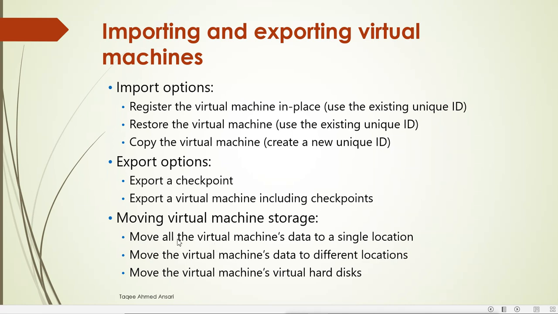Now one more thing about moving the virtual machine. In Hyper-V Server 2016, we can do live migration also. Live migration means the machine will be running, that means it is in use, and at the same time we move the machine from one server to another. That is called live migration.